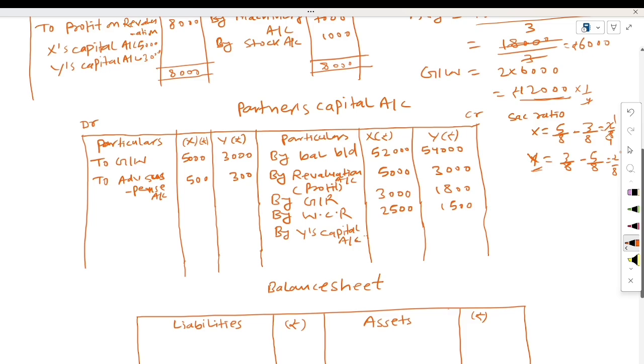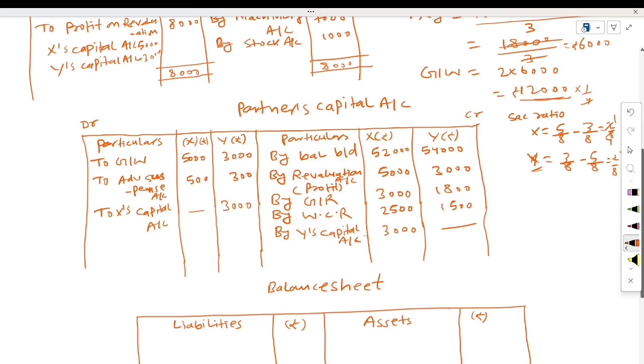Amount will be written into the X column because we will credit to X, and here to X capital account, amount will be debited from the Y because Y is gaining here.